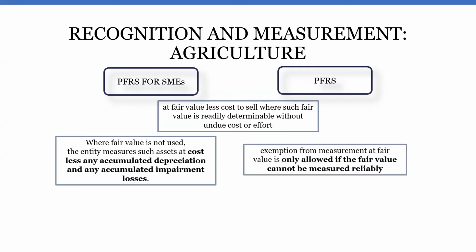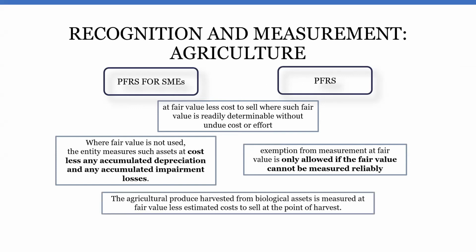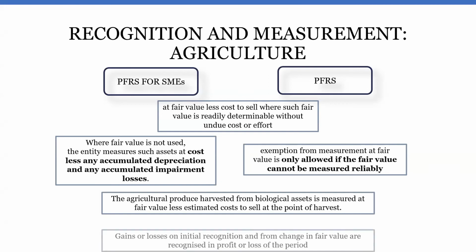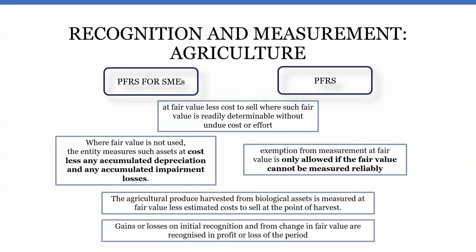So may difference yung hindi readily determinable dun sa cannot be measured reliably. The agricultural produce harvested from biological assets is measured at fair value less estimated cost to sell at the point of harvest. So, measurement na. Yung gain or loss on initial recognition and from change in fair value are recognized in P&L of the period.